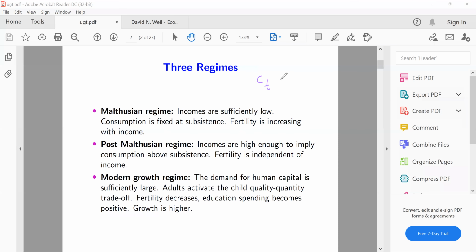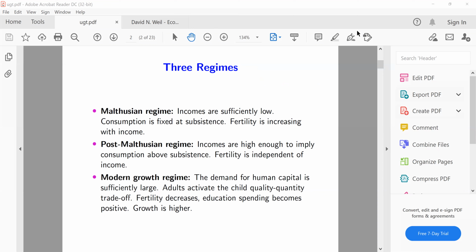So consumption must be greater than some fixed number, okay? Now, in such a system, if kids are normal goods and if consumption is at subsistence, we will see that fertility will be increasing with income. Okay, so these are the typical features of the Malthusian regime.